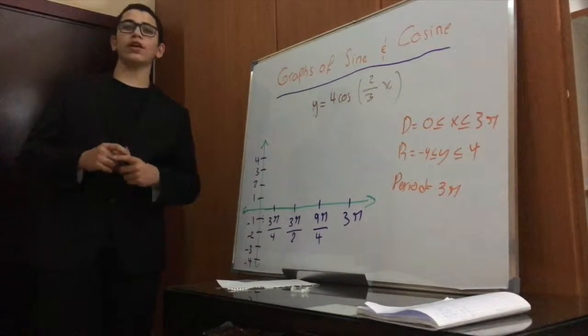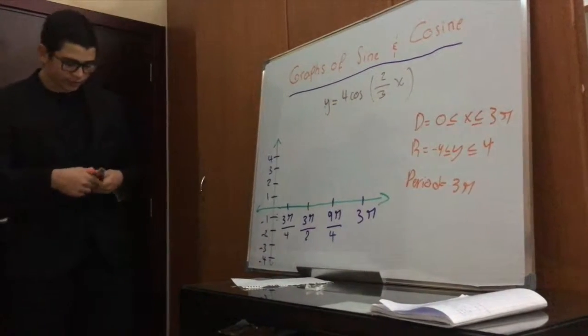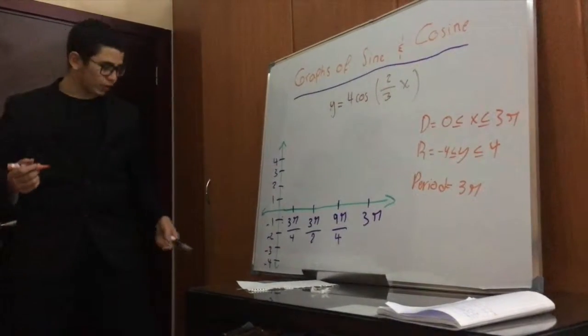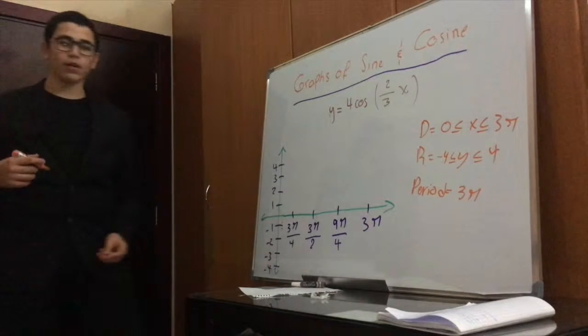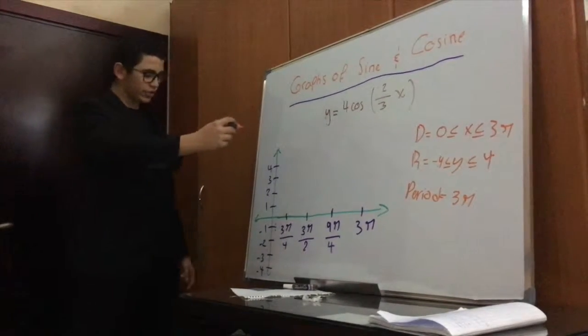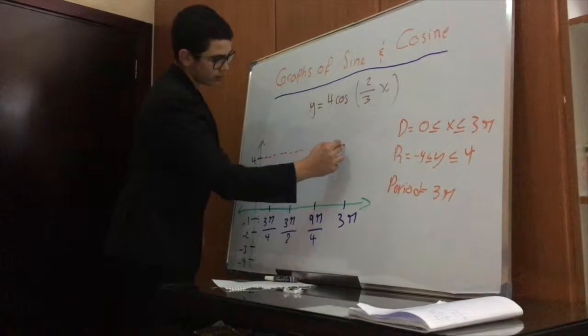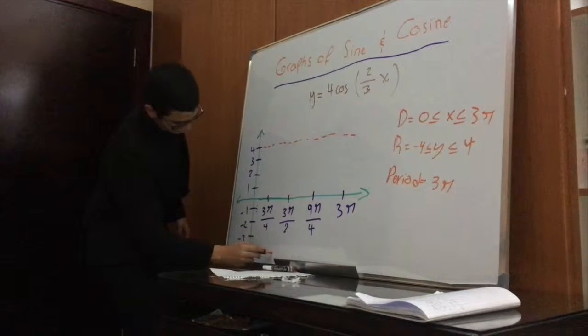Now that we have found our increments, our domain, our range, and everything we need to graph, we can finally start graphing. First, to make it clearer for you and to make my graphing more precise, I will subdivide the frame. Our range is limited to 4 and negative 4.